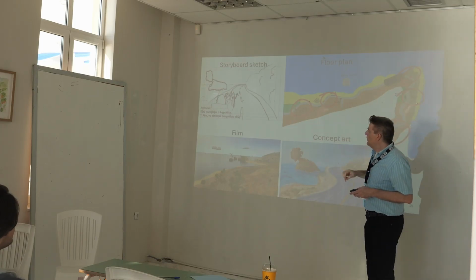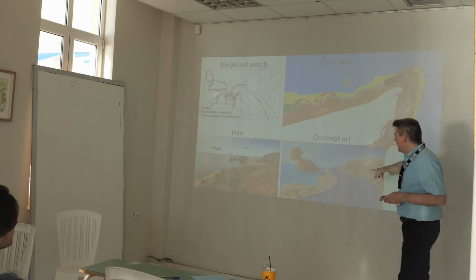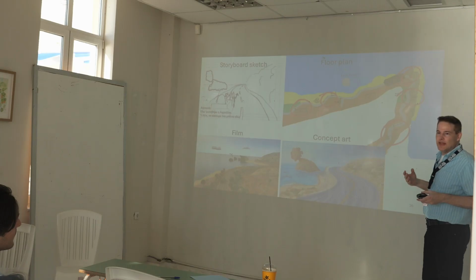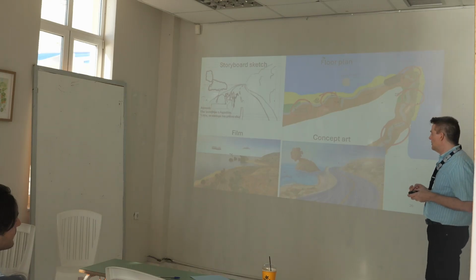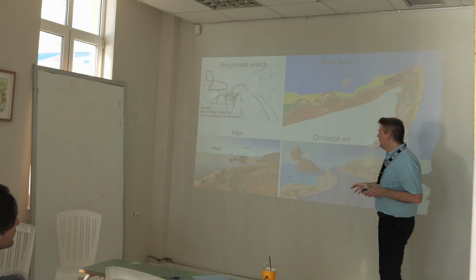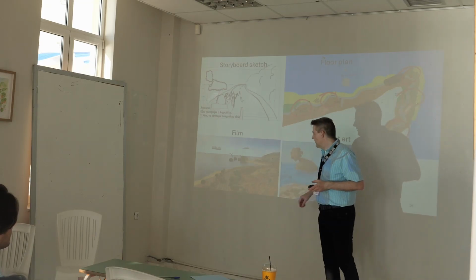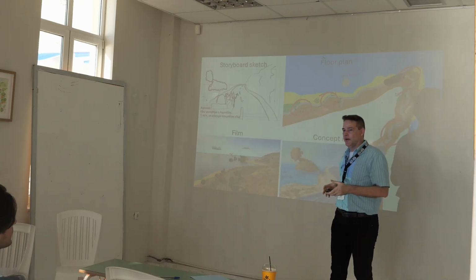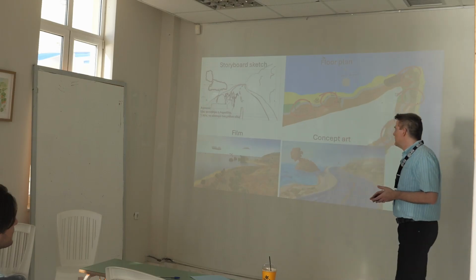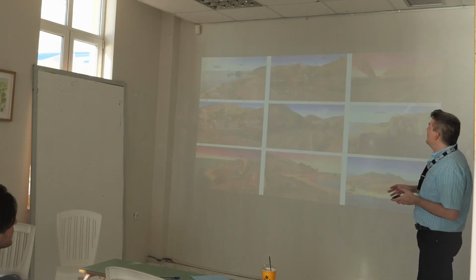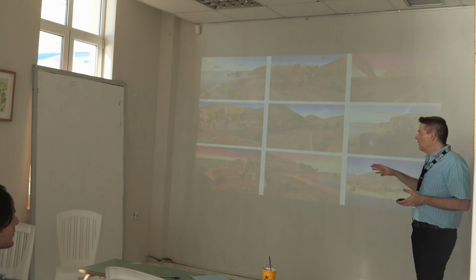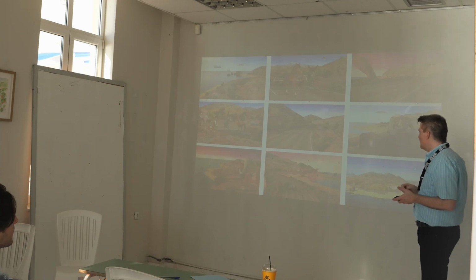A part of the storyboard, concept art, which is just to test the colors and to check if it's okay, and the final result. So after having the previs made, gradually details are added, lighting, and we have the result. And these are all the shots that were possible to make on the stage that has all these mountains.